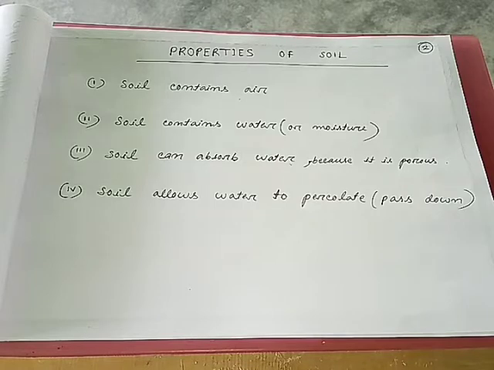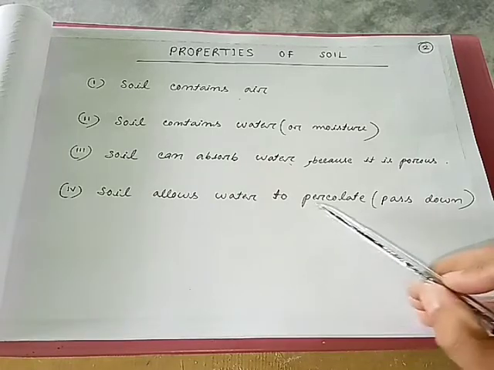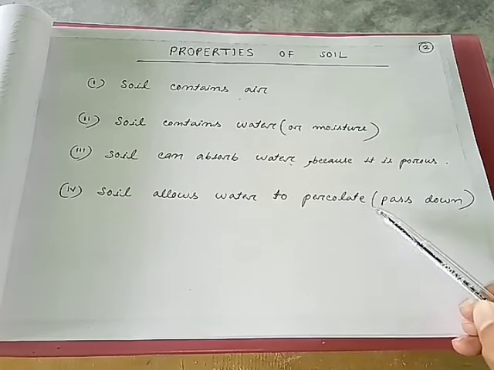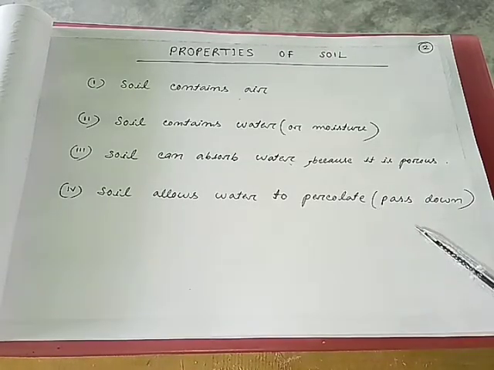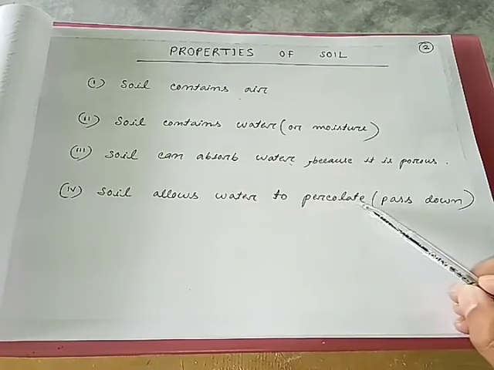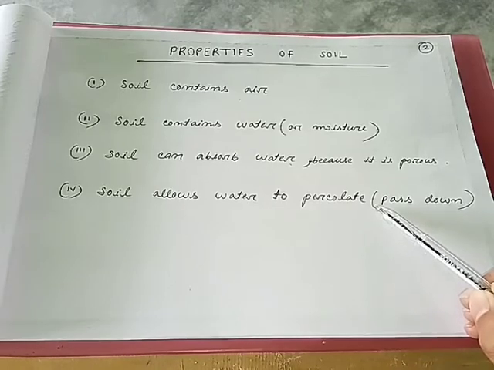Yes, sandy soil, because the spaces between the sandy soil particles are very large as compared to other types of soil. That's why water can percolate easily through sandy soil. But through clay soil, where the particle spaces are very small, the percolation rate is very low.